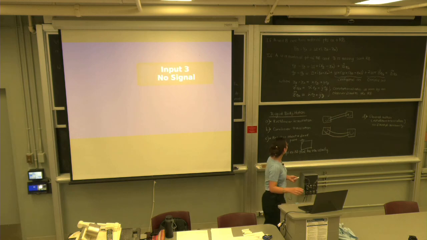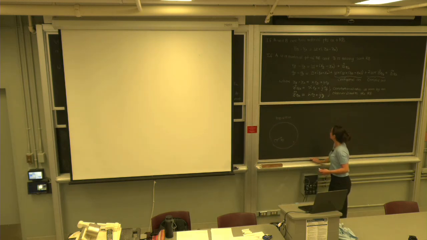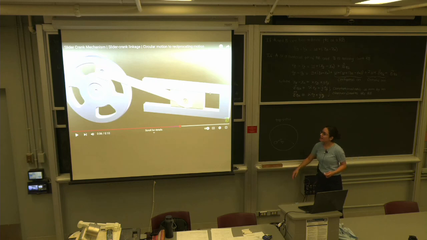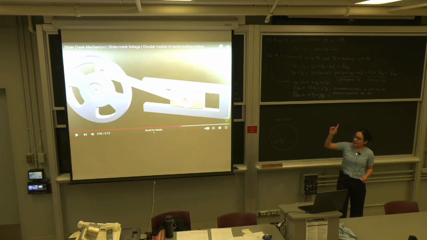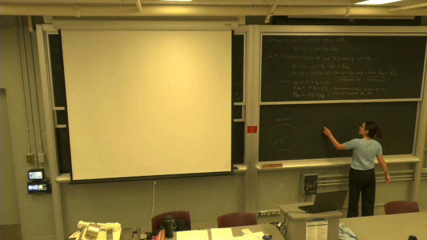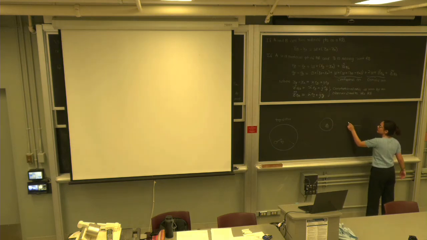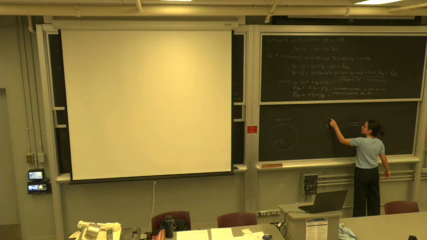In the meantime, maybe I'll draw it here. Okay, that's what's happening. We have a disc, fixed point rotation. I'm going to assume that the slider is here, and this is my crank.